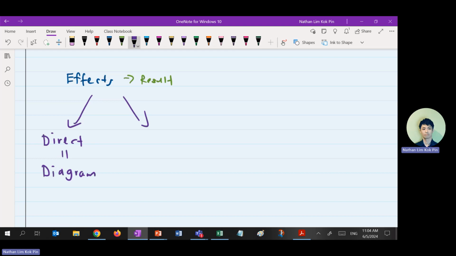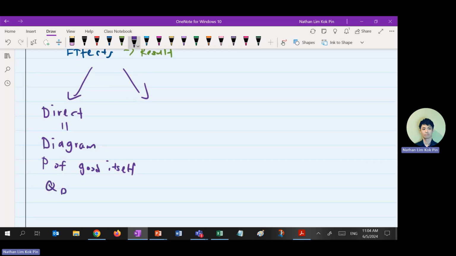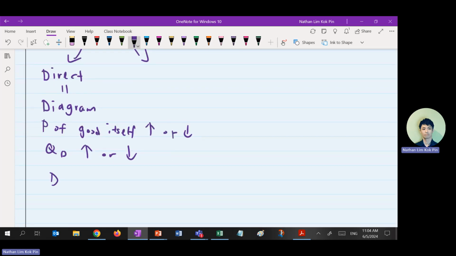Quantity demanded, going up or down, or demand, going up or down. This one is diagram effects. Directly you can see from the surface, the diagram.